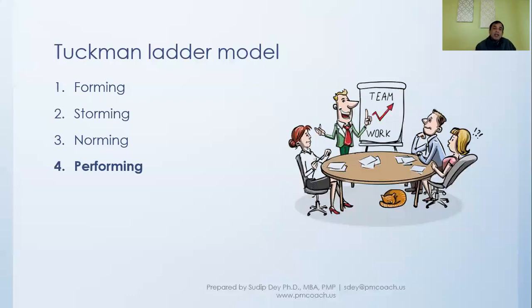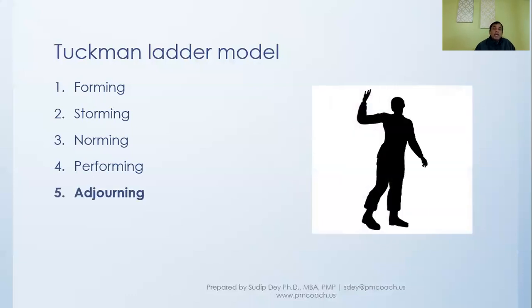And then it is time for the project to close and it moves to the adjourning phase, and people say bye and move away from the project. So these are the 5 stages or 5 phases in the Tuckman ladder model.